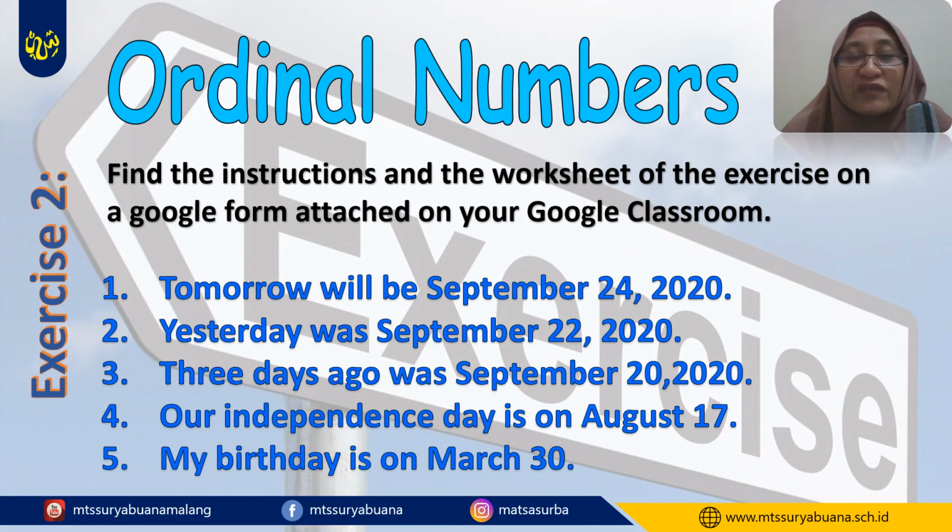Well, we have discussed about ordinal numbers. Now, let's continue with the exercise. Exercise 2, ordinal numbers. Okay, the same with what we have on exercise 1. You have to find the instructions and the worksheet of this exercise on a Google form attached on your Google Classroom.